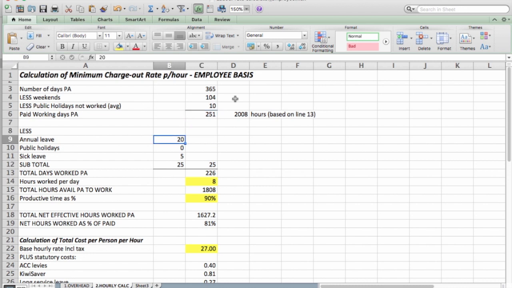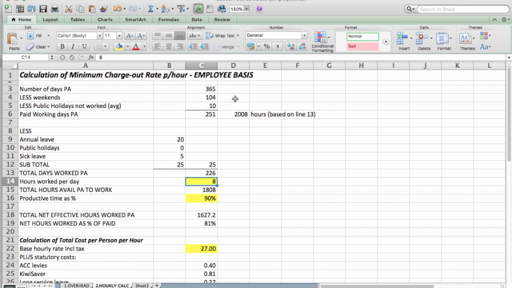In that, of course, you're paying for time that they're not working, so there's some 4 weeks of annual leave here and some sick days potentially, so there's 25 days that you're paying for that you're definitely not able to charge out. So there is a maximum of 226 working days worked in the year that you are able to recover your labour cost against.